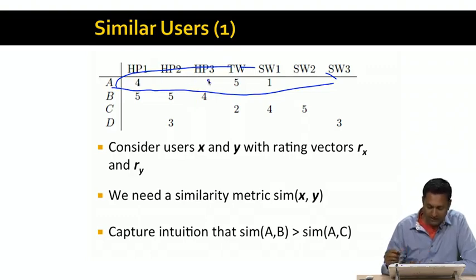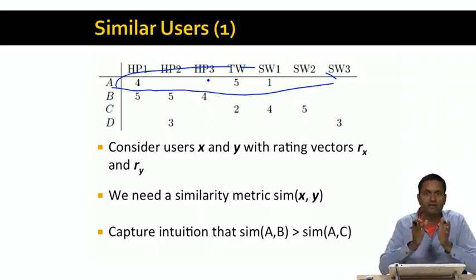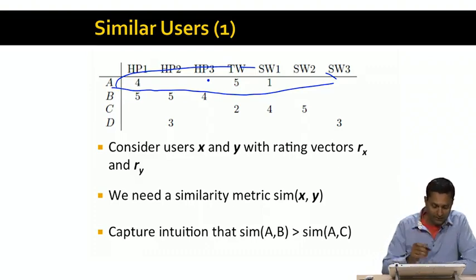Now, once we define the similarity function, we'd like to define it in a way such that it captures a very simple intuition: users with similar tastes have higher similarity than users with dissimilar tastes. For example, in this case, notice that A and B have rated only one movie in common, Harry Potter 1. However, they both rated the movie fairly highly. Whereas users A and C have actually rated 2 movies in common, Twilight and Star Wars 1, but their ratings are very dissimilar.